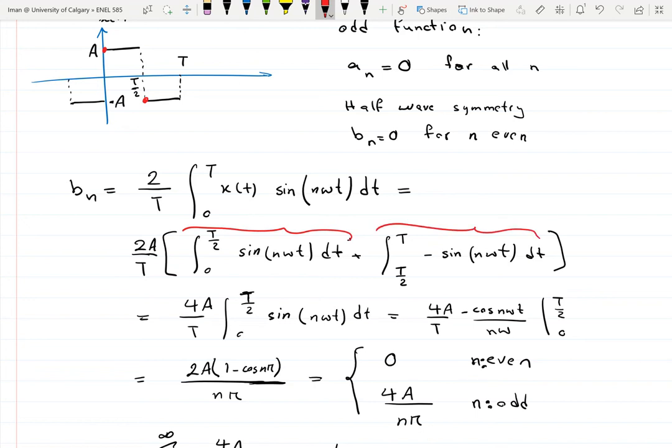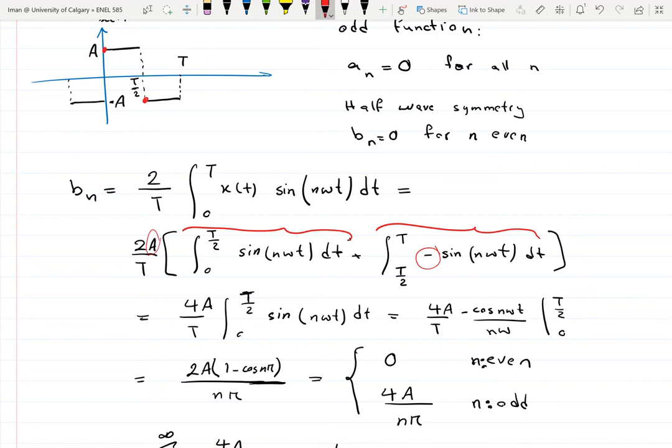So from 0 to T over 2, x of t is just a. I took a out of the integral because it's a constant value. And then from T over 2 to T, it's minus a, and I took the a out of the integral, sine of n omega t dt.